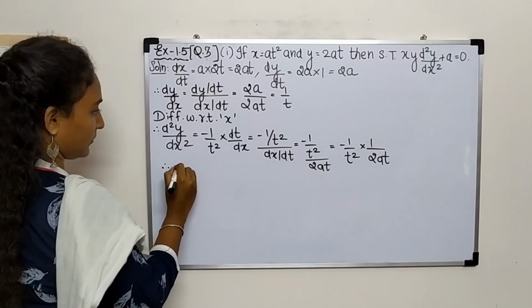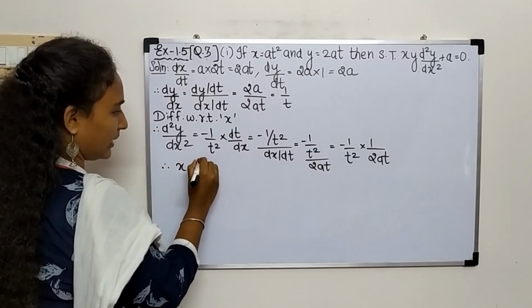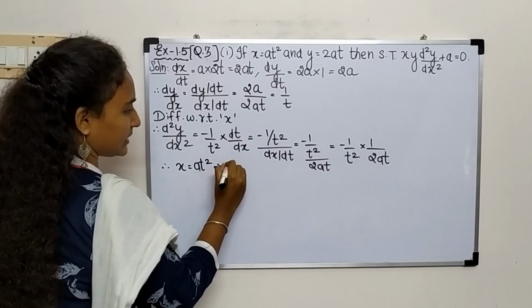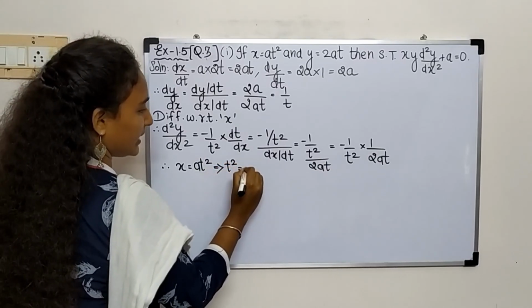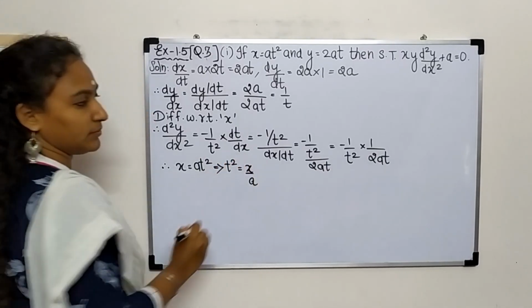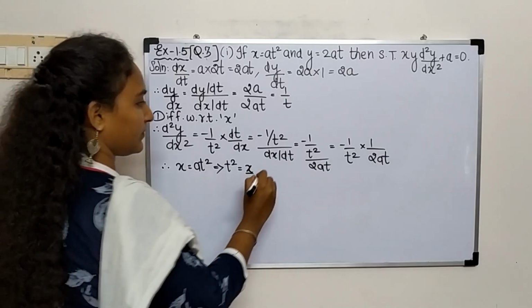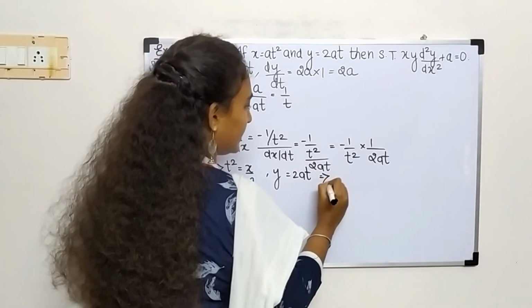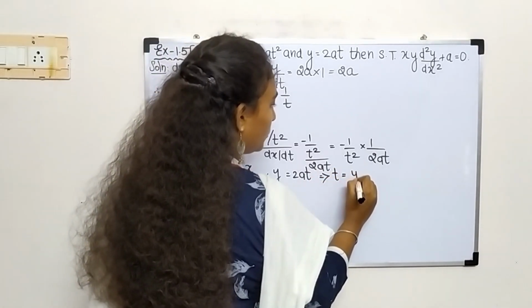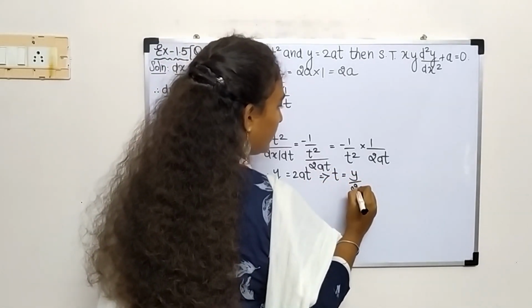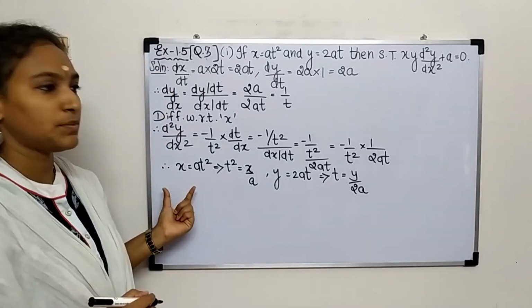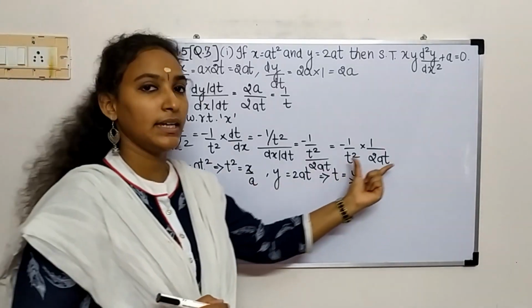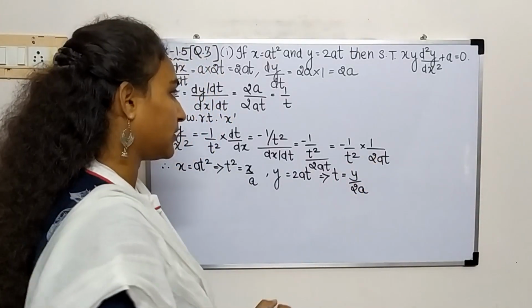Therefore, x equal to at square implies t square is equal to x upon a. Similarly, y equal to 2at implies t equal to y upon 2a. We are going to substitute for t square and t in this function.